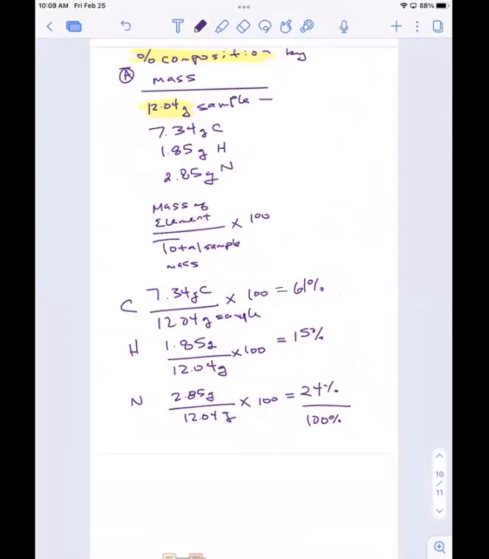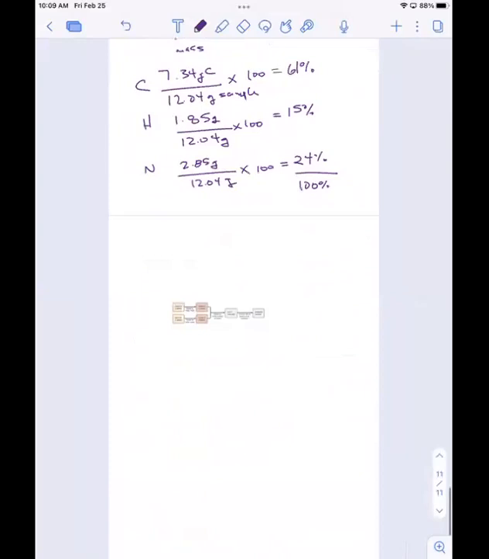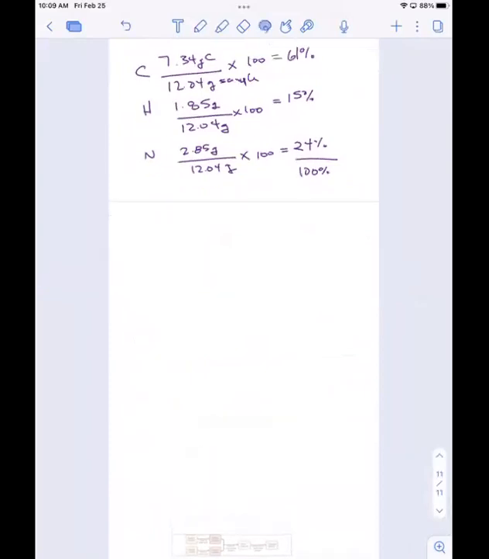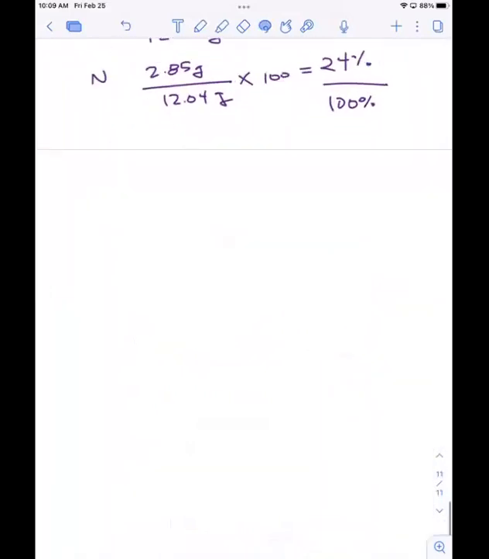So we can look at another way to approach percent composition. Let's say this is method B. If we have a known formula, then we can look at the molar mass and the atomic mass and use that to find the percent composition, even if we don't have the masses.